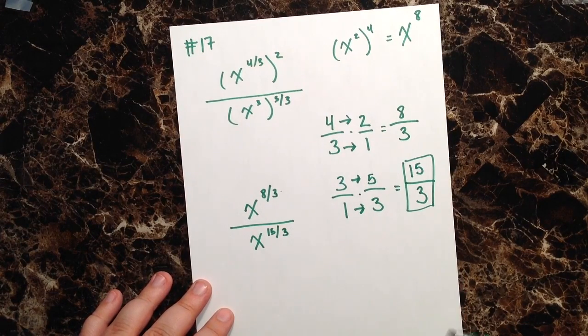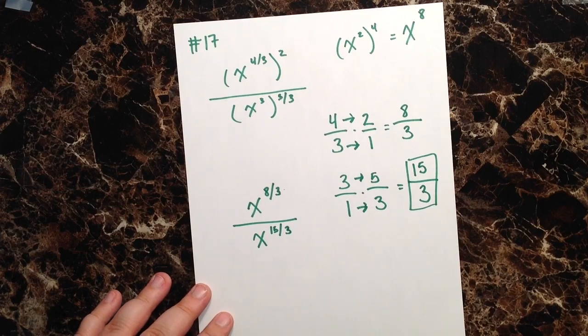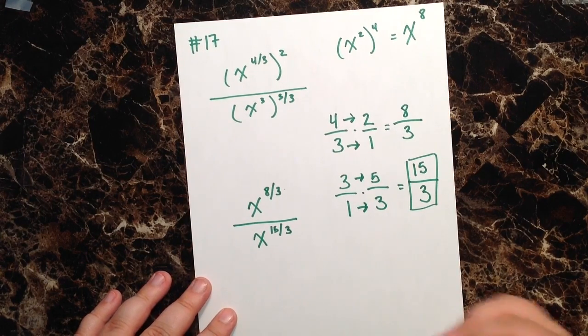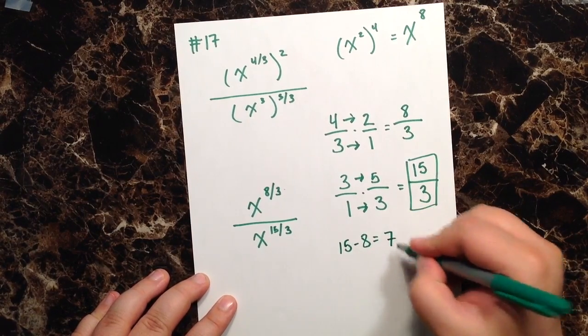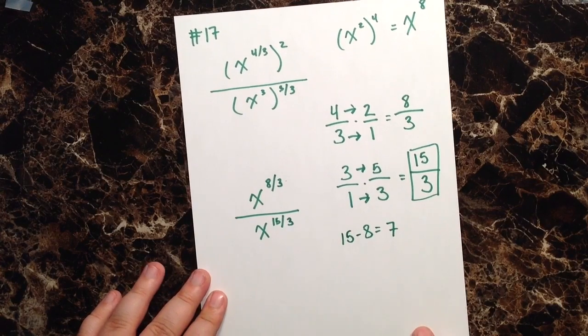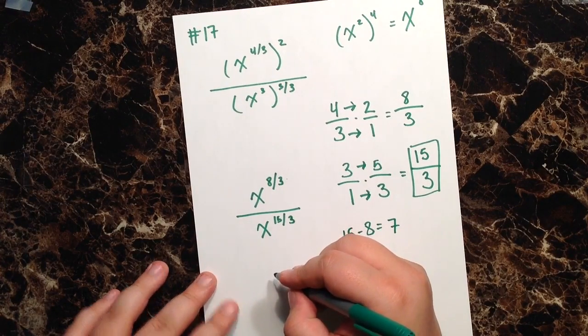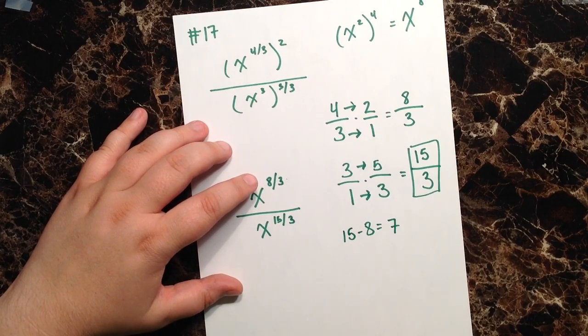I clearly am bottom-heavy, so I ask myself, how many am I bottom-heavy by? 15 minus 8 gives me 7, so I'm bottom-heavy by 7. When I rewrite this, I'm going to subtract my exponents.